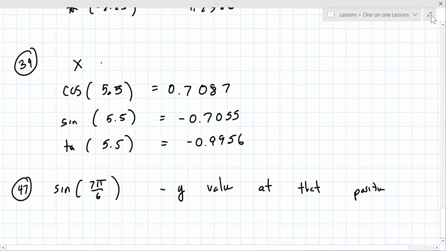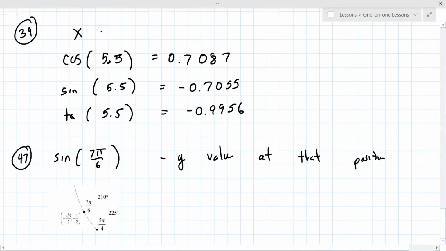When I look at that position, 7 pi over 6, there are two values it could possibly be. It could be minus square root 3 over 2 or minus 1/2.